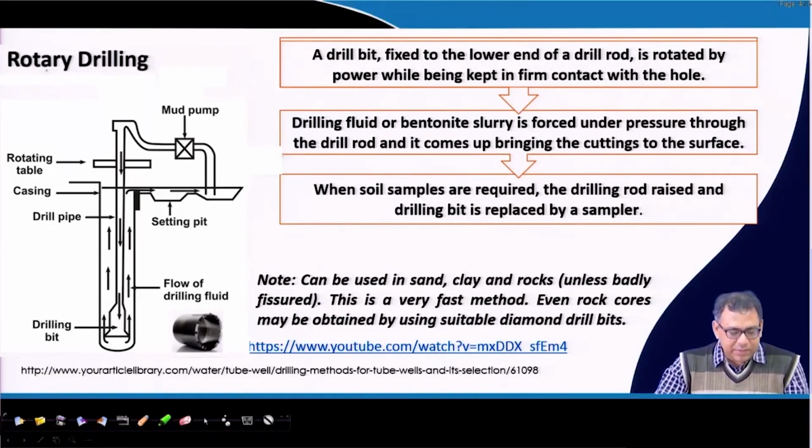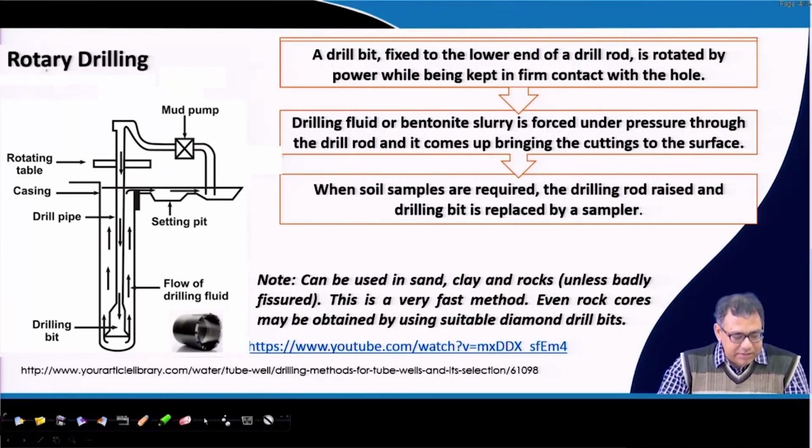That means when we rotate this bit along with the drill rod, at the same time a bentonite slurry is applied through this drill rod. Now, what will this bentonite slurry do? It will mix with the cutting pieces and then again be forced to come in the upward direction.